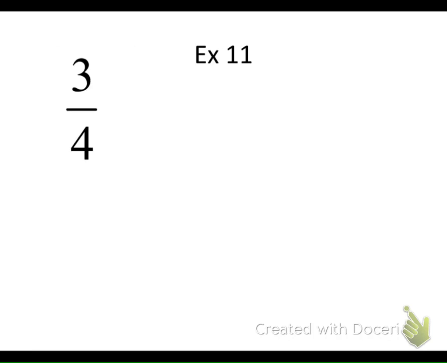Last two examples. Okay. So what's the first step in changing a fraction to a percent? We just talked about it. You have it written down. You divide it by turning it into a decimal. So you're both right. Good job. So I'm going to write 3 divided by 4.